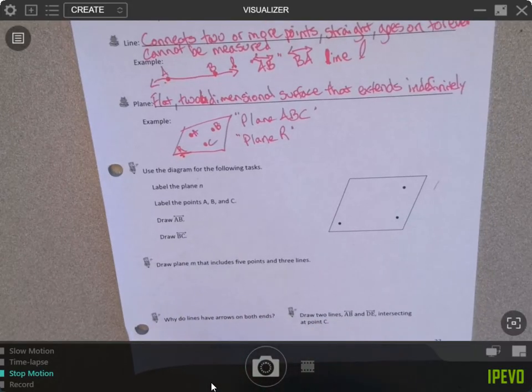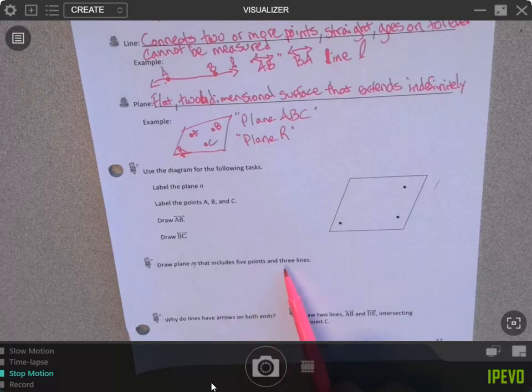And you're going to have to really pay attention to those details. What do those look like? Then you're going to draw your own plane with a lowercase m. That includes 5 points and 3 lines. So your plane might look a little different than my plane, but it's going to have similar things to it. It's going to have at least 5 points on it. It's going to have 3 lines drawn.